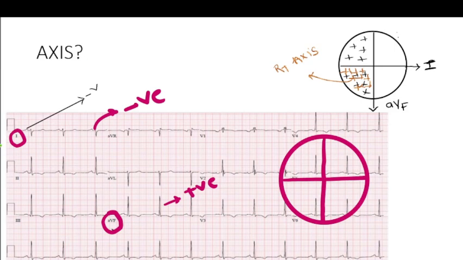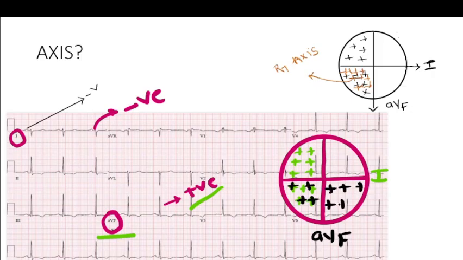Lead 1 is negative, so shade the side that is away from lead 1, half the circle. Now take AVF. AVF is positive, so again shade the half circle that is closer to AVF as it is positive.